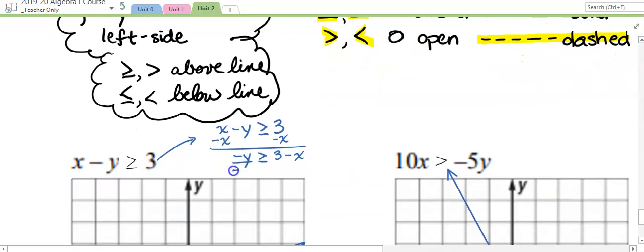Finally, I need to divide by negative 1. And if you recall from step 10, when we divide by a negative or multiply by a negative and we have an inequality, we flip the symbol. So now I have negative 3 plus x, because 3 divided by negative 1 is negative 3, and negative x divided by negative 1 is positive x.